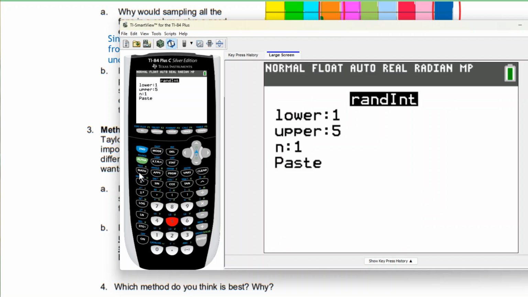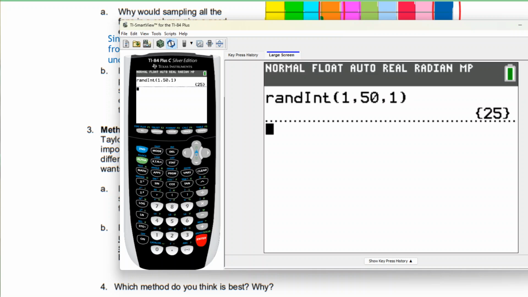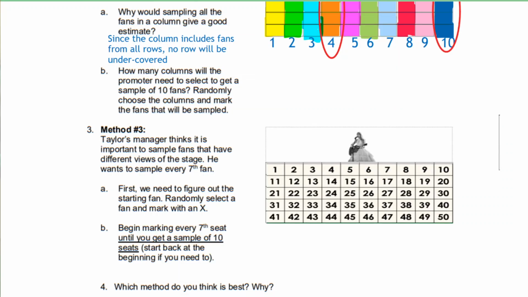Our low number will be 1. Our upper number is going to be 50. And then we're going to only select one fan from 1 to 50. And we're going to start with person 25. All right, let's highlight number 25.